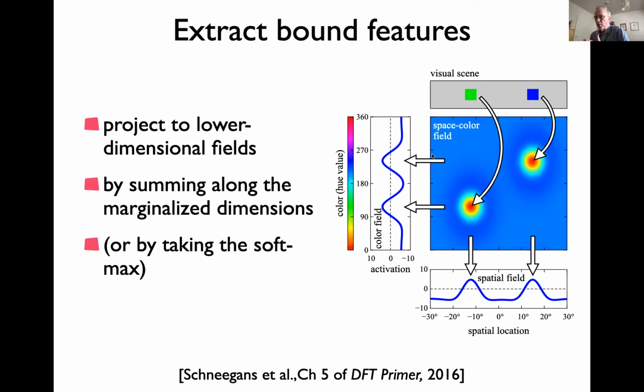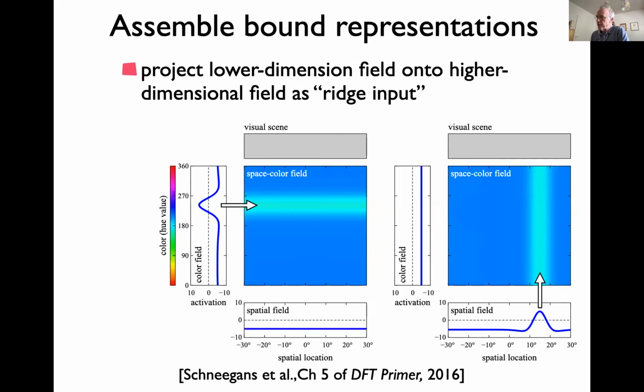I can do that with just taking the max, or take a soft max, or different ways of doing that, but they will lead to the same quality of result, that you extract whether or not there's any activation along space at that color value. So for instance, if you did that, you get a bimodal distribution for the two colors and a bimodal distribution for space. You can also do the reverse, that is, you can have one-dimensional representations, just like only know the hue and only know the space, and combine them.